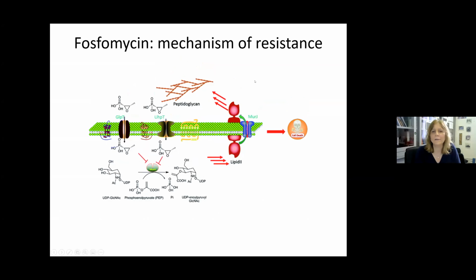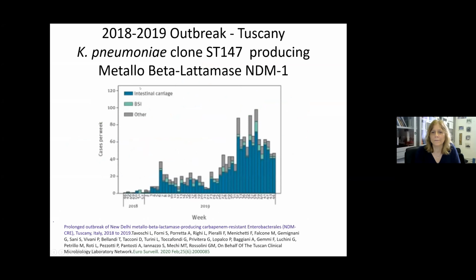The mechanism of resistance has been described with different systems, again transporters, or the acquisition of a gene which is able to deactivate and degrade the fosfomycin. Now I give you the dimension of some problems in hospitals, like what happened in Tuscany in 2018 and 2019.